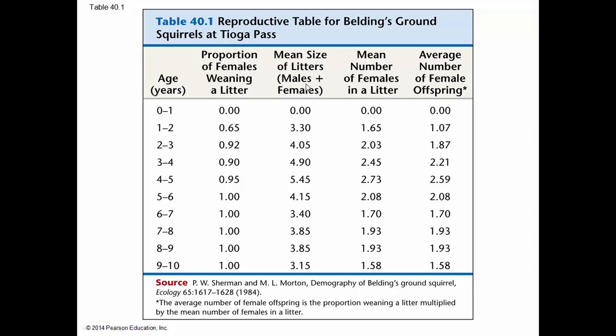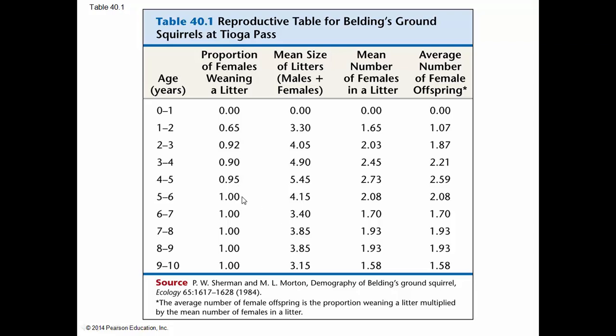This category shows the mean size of litters, and this shows the mean number of females in a litter and the average number of female offspring. So, as you get greater in age, you're going to get a greater proportion of females weaning a litter. So more and more females are having offspring, but their litter sizes are decreasing the older they get.